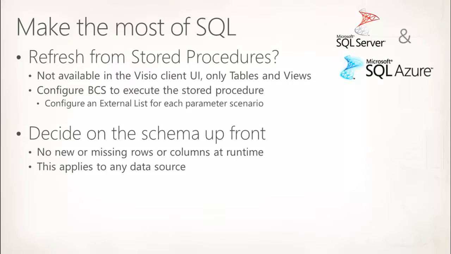You're only going to see tables and views out of that wizard. You're not going to see any stored procedures listed in there. It's just a limitation of that wizard. But I do want to point out that stored procedures are possible. You just need to set it up through a different mechanism, and that would be BCS and external content types through SharePoint.